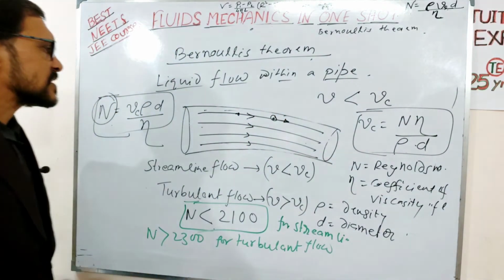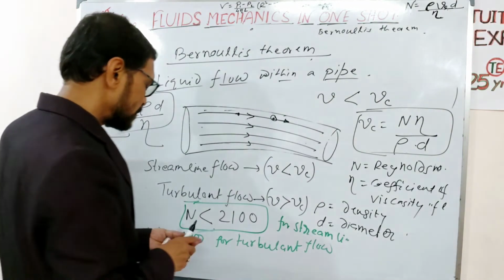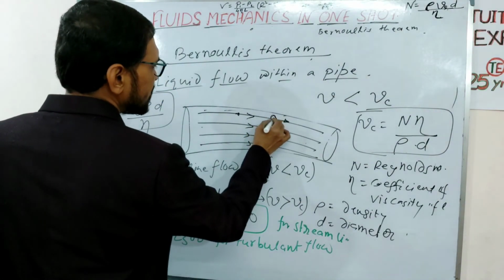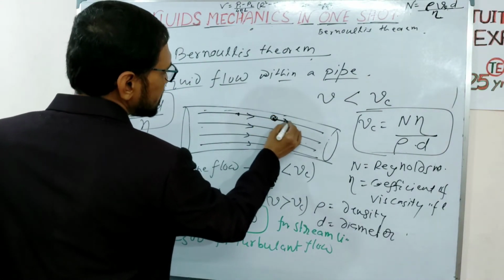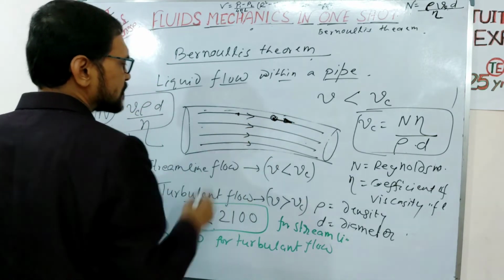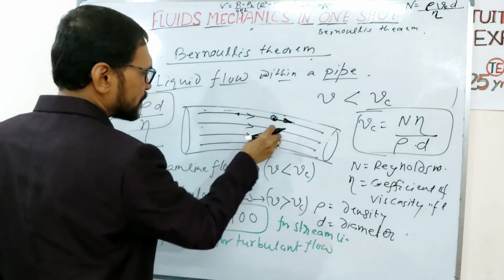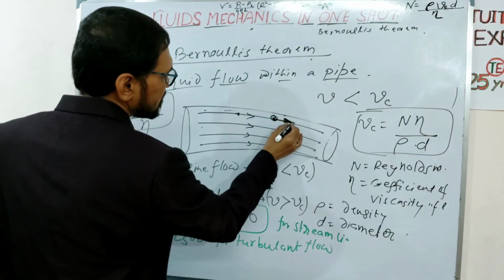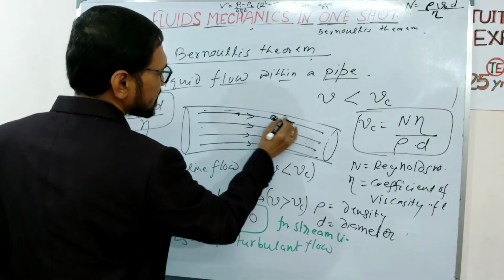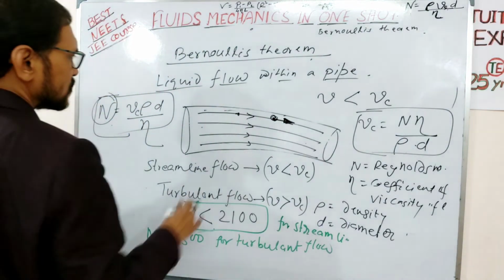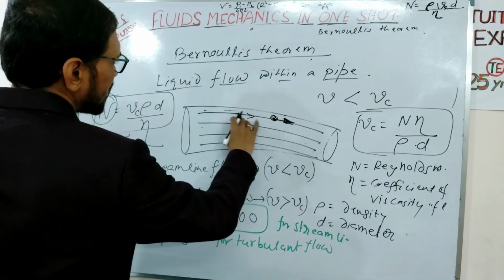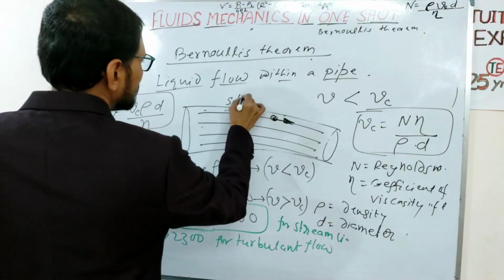That is the streamline flow. So this is the definition of streamline flow: at each point, the velocity of every particle of the fluid is along the same direction. This is the streamline flow.